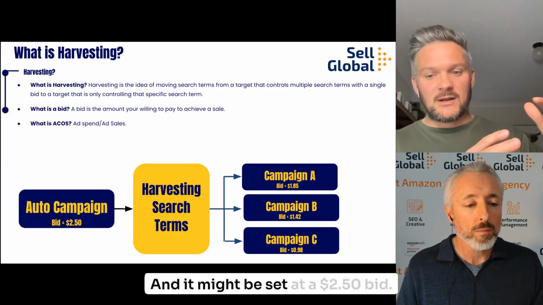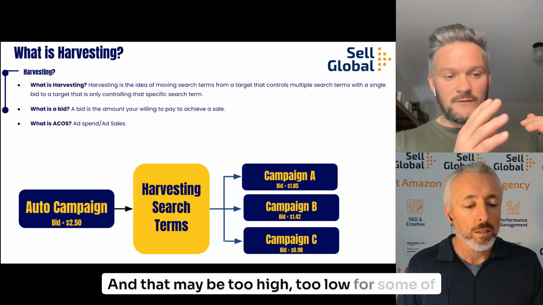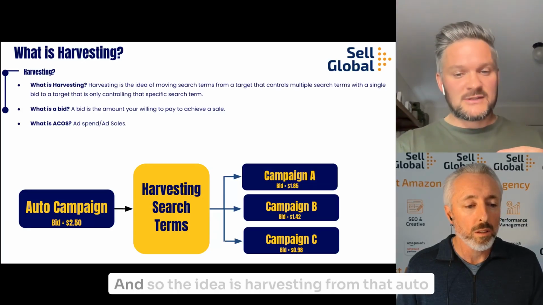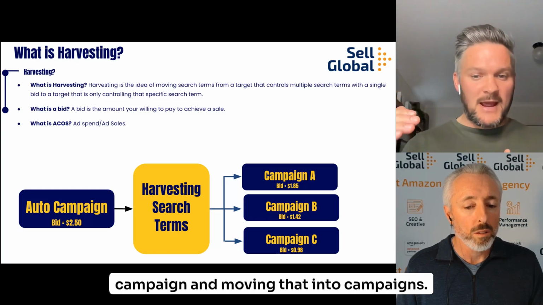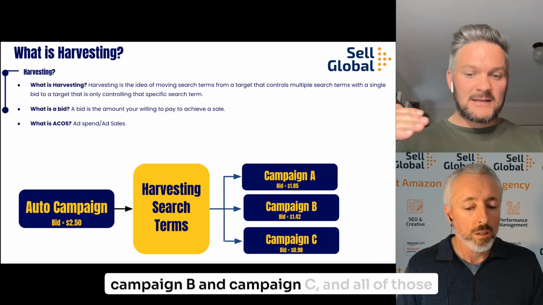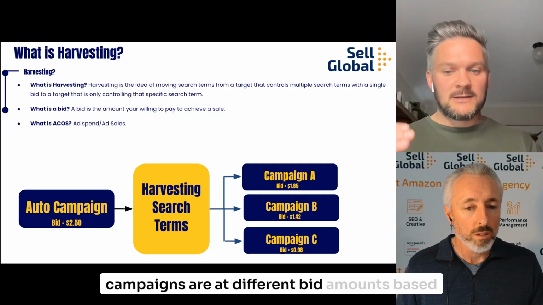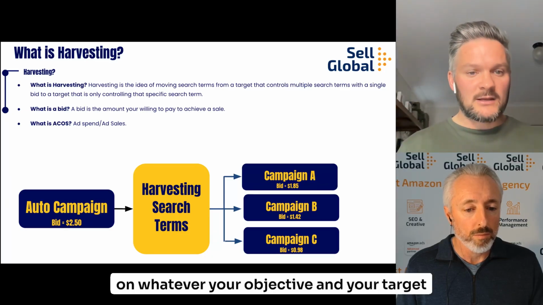It might be set at a $2.50 bid, and that may be too high or too low for some of the things inside that bucket. It might be too low for some and too high for others. And so the idea is harvesting from that auto campaign and moving that into campaigns. On this screenshot, I've got campaign A, campaign B, and campaign C.